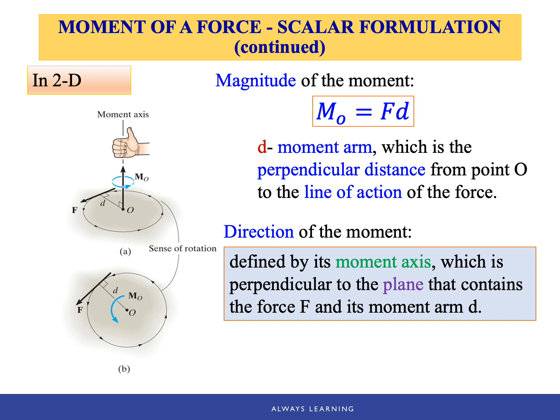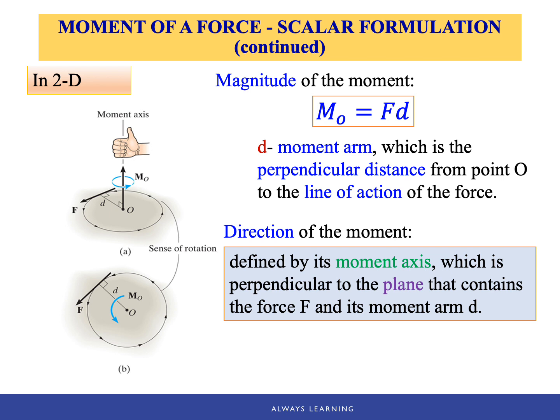This moment axis is the direction of the moment, and it is perpendicular to the plane that contains the force F and its moment arm D. So figure A is the side view. From the side view, you can see there is one vector, M O. It's a line with certain magnitude, and the magnitude is F times D, and the direction is pointing up.